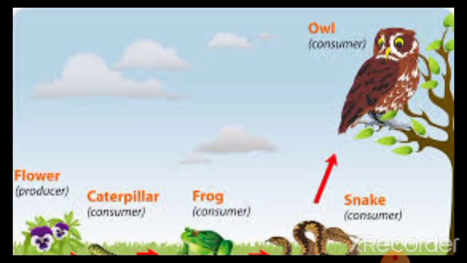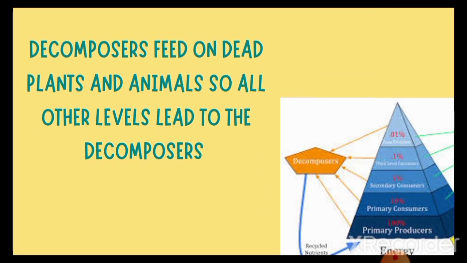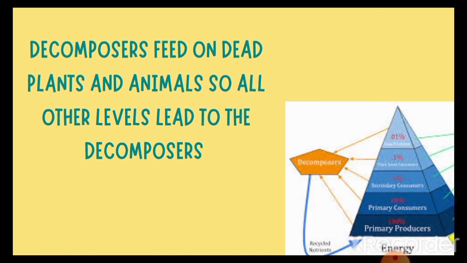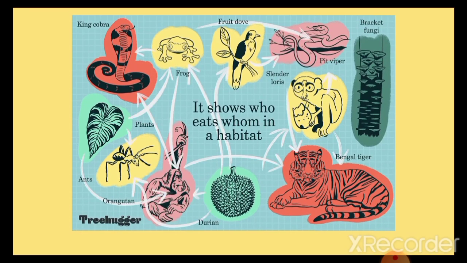So the food chain usually starts with the producers and ends with the consumers. And it is important to know that each level leads to another group called the decomposers. These decomposers feed on dead plants and animals, causing them to break down.